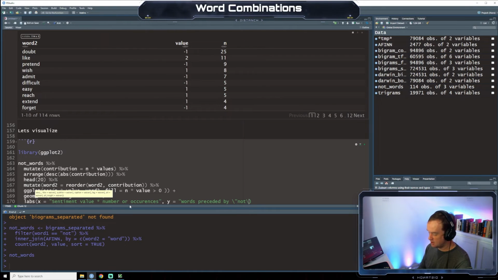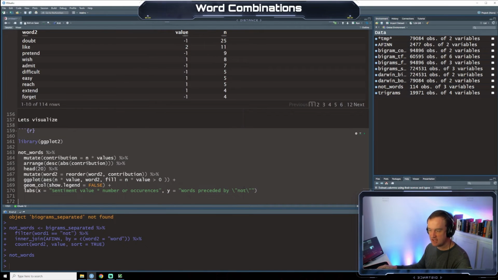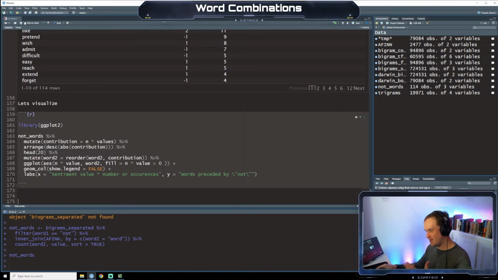And the reason that we put those backslashes in there is to say this quotation mark isn't our code. We actually want to print that in our graph. So it's called an escape. We're escaping the R designation for it and just printing those.